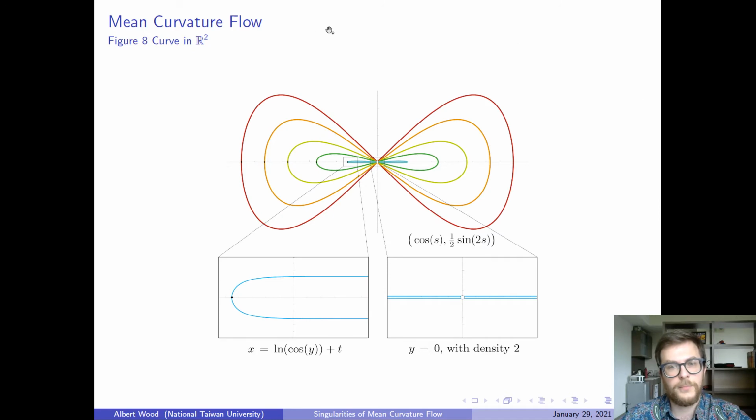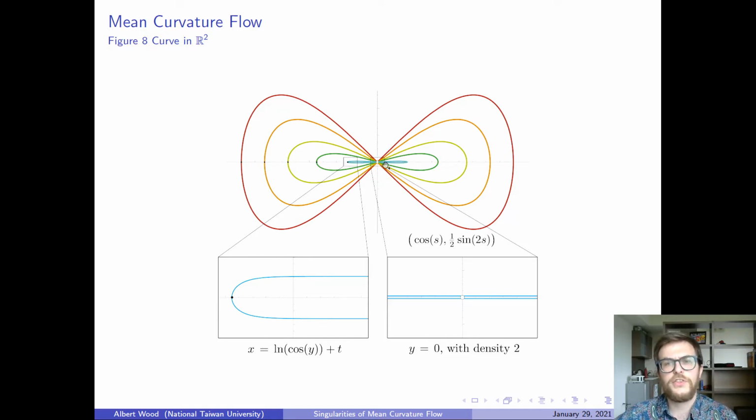Here's a good example. So the figure 8 that I mentioned earlier, I mentioned that it doesn't form a round point. Instead, it forms a different kind of singularity, where the whole figure 8 actually collapses together to a point. It actually becomes more and more narrow as it is approaching that singularity.